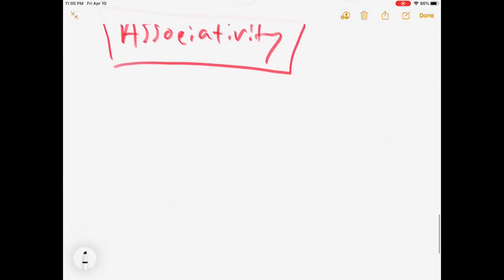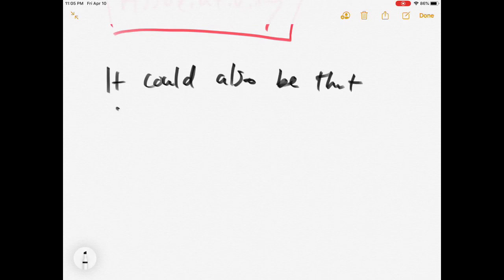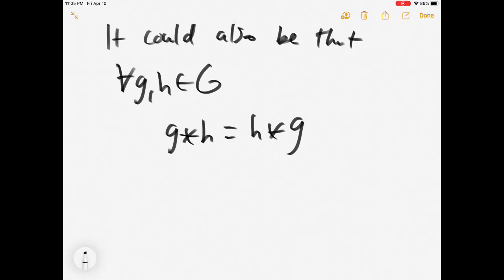Now there's a fourth thing that groups may possess. They don't always have to, though. So for all pairs g and h in G, if g star h is equal to h star g, in other words, the order in which I combine these two elements doesn't matter and I get the same thing, and this has to happen for every pair of elements in G, then we say that G is abelian.